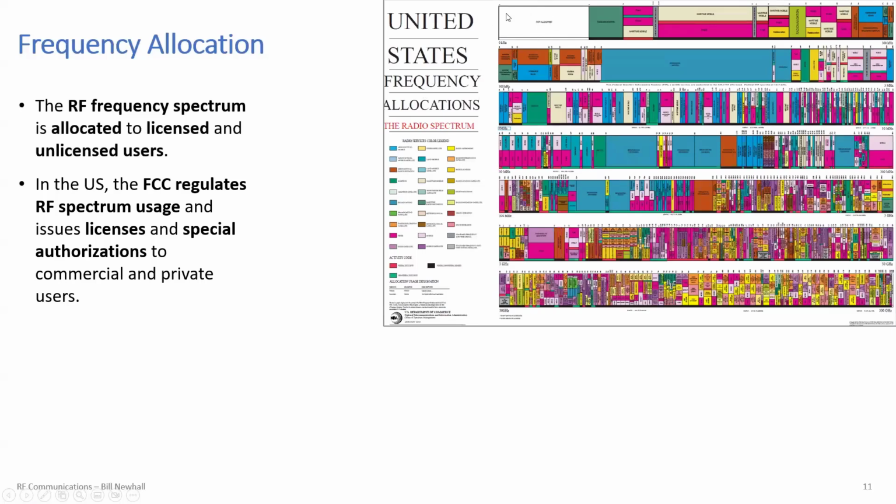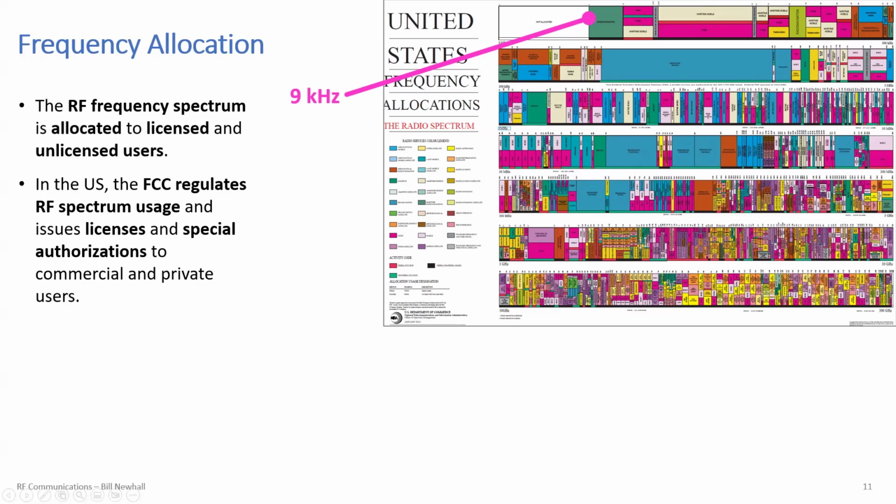So this is a frequency allocation in the US. I think this is from 2016. This is a big poster. But you can see at the lower end, this is 9 kilohertz. That's a pretty low frequency. And then you go left to right here and then jump down. This would really be one long wide strip, right? So here's 9 kilohertz up to some frequency, and then jump down a row, and you can see you keep going up in frequency.